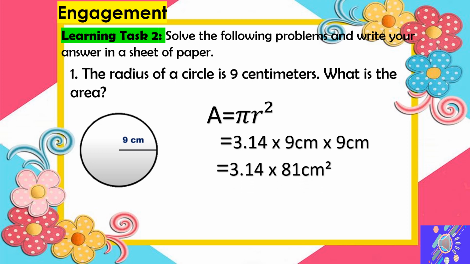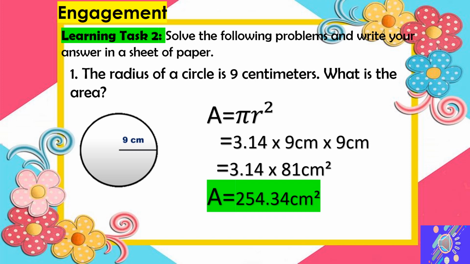When we multiply 9 by 9, the answer will be 81 square centimeter. So 3.14 times 81 square centimeter, the area of the circle is 254.34 square centimeter.